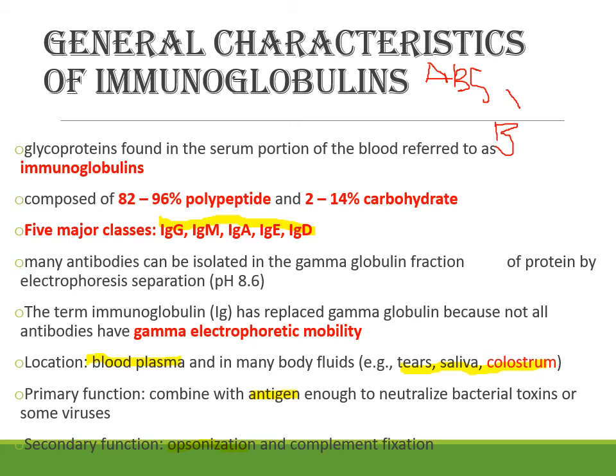The antibody will coat a particular antigen so that it can easily be engulfed or eaten by a phagocyte, like your white blood cells. Another function, of course, is complement fixation, a mechanism which leads to the lysis or the destruction of a particular antigen or foreign material.